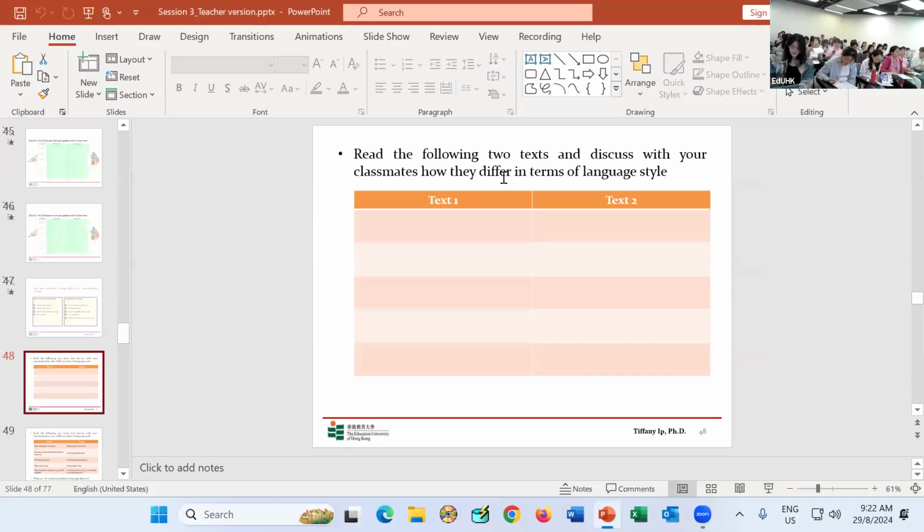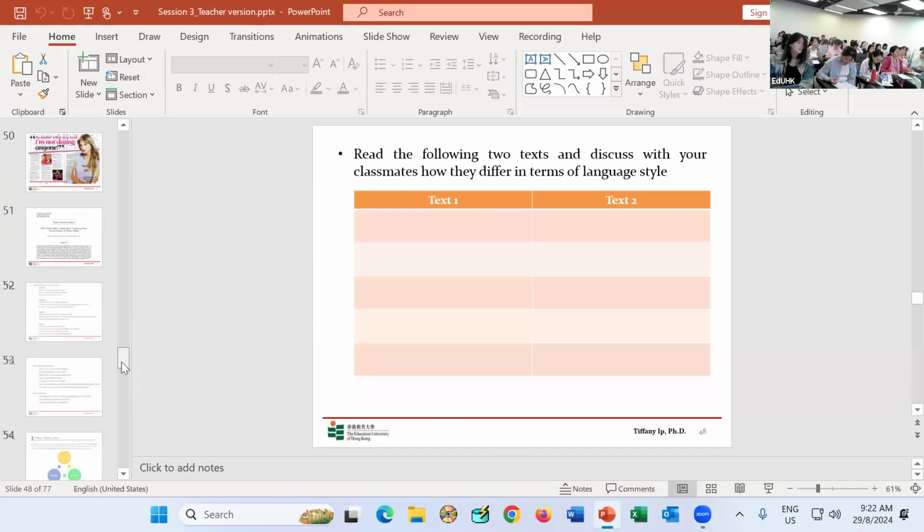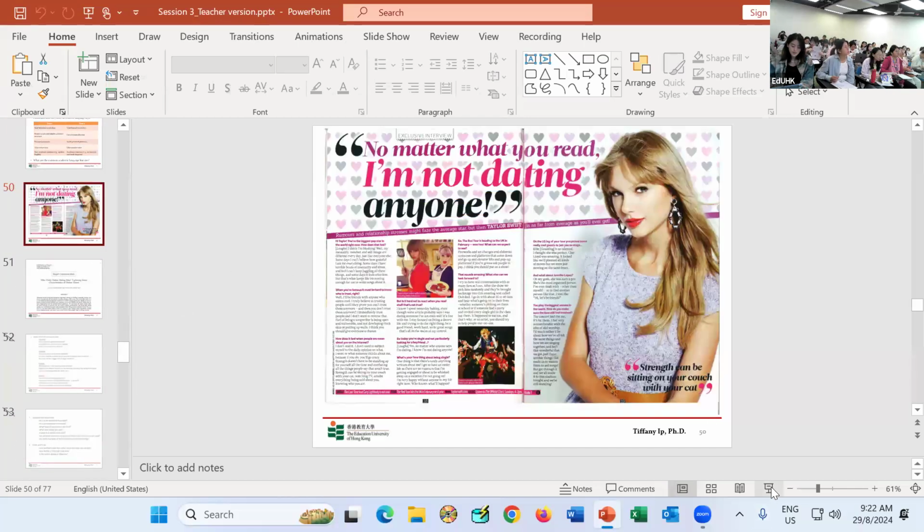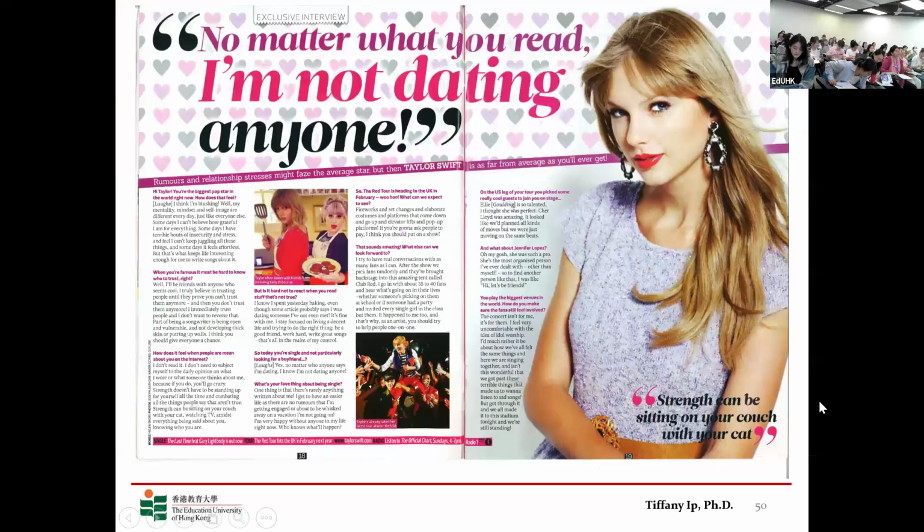Right? Let me maybe show the screen to you. So I didn't expect that they print it like this. Okay. So anyway, maybe just judging from the style, the way of writing, you can try to tell how these two texts might be different in terms of language and style.